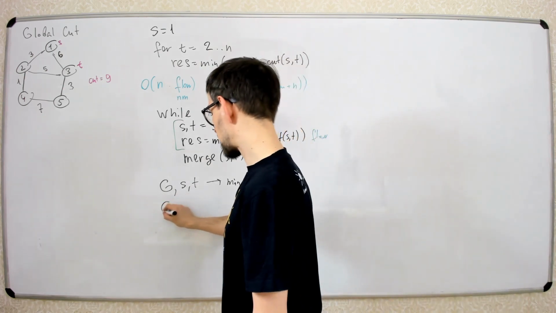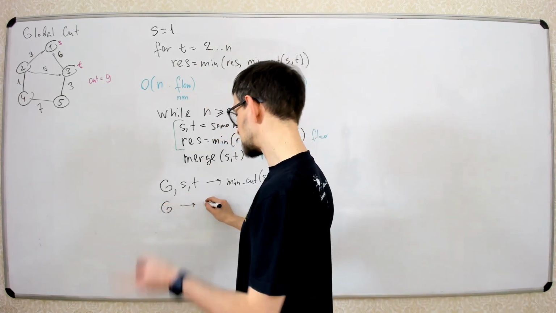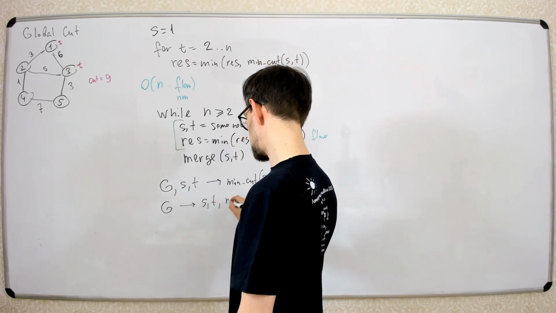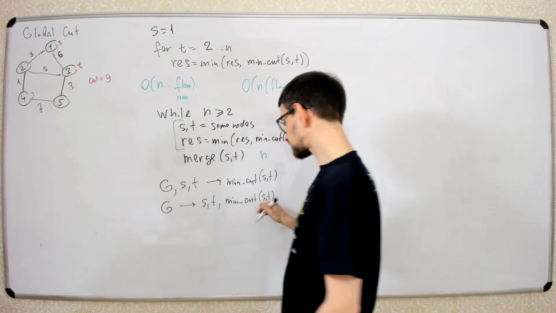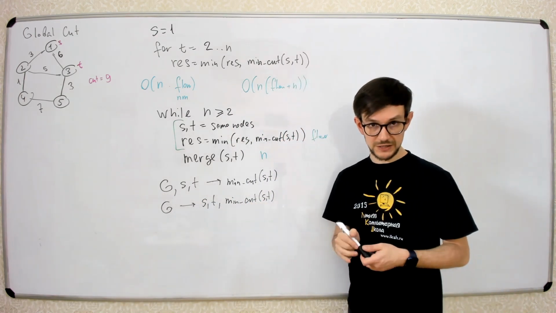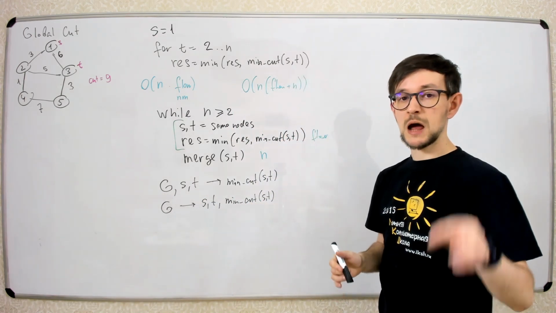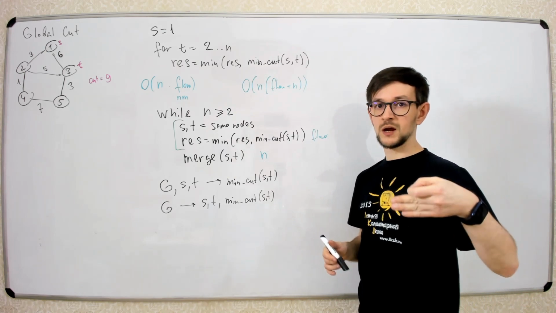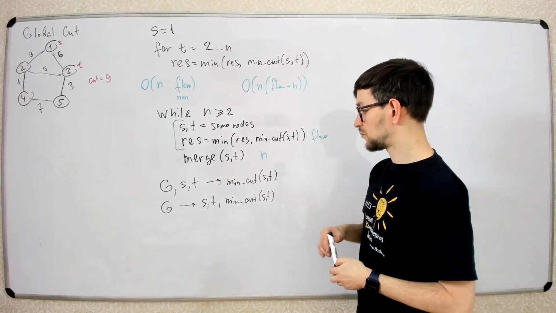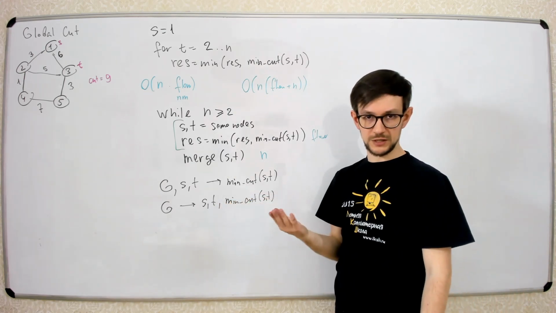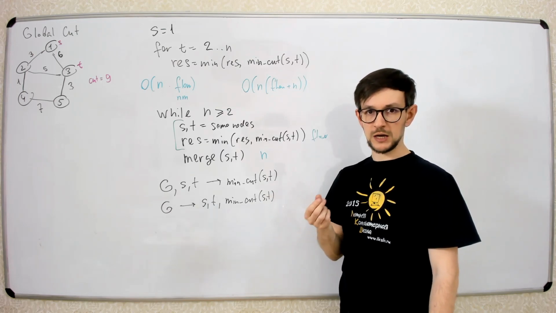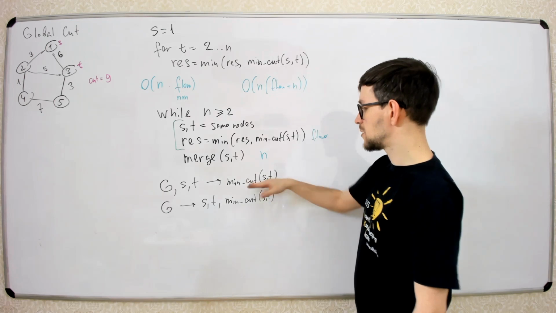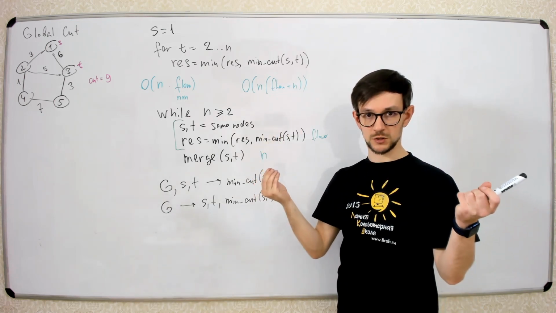We want, for graph G, to find some nodes S and T and the minimal cut between them. And this problem is actually easier. So again, our algorithm can pick some good nodes S and T and find the cut between these two good nodes. And it will be easier then than finding the minimal cut between two specific nodes.